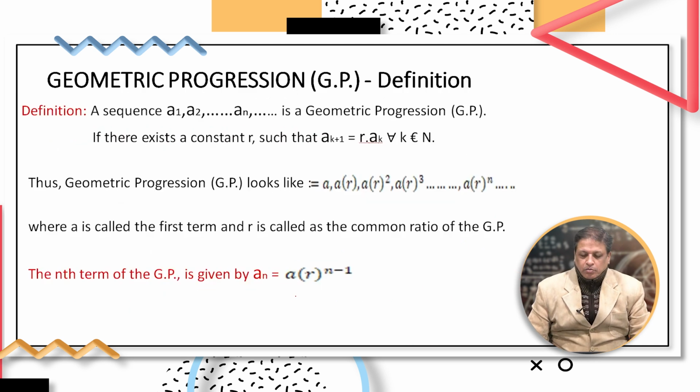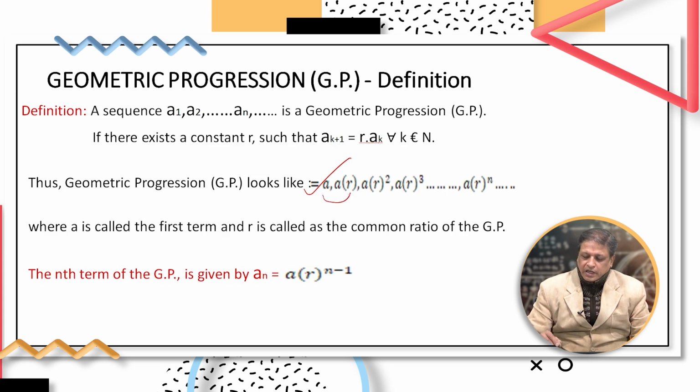We had also discussed the geometric progression, and we learned that it is a type of progression wherein we have a term called the common ratio. That means each term is multiplied by a common factor r, giving the progression a, ar, ar square, ar cube.